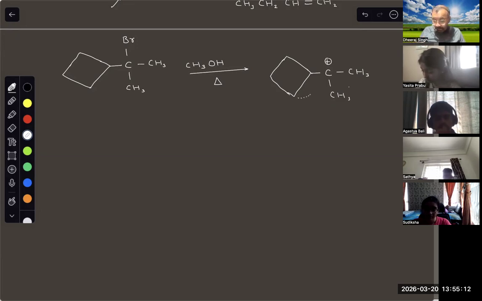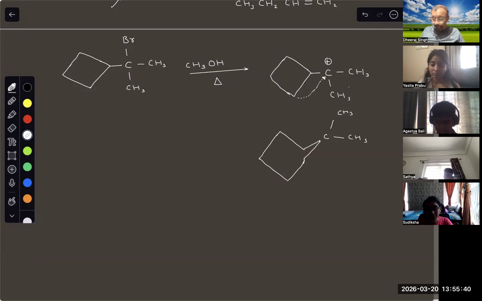If the ring expansion happens, if this alkyl shift goes to that carbon, you'll see that this is CH3, CH3, and this. It has become a 5-membered ring. Positive charge will go there because this bond has been broken. So this carbon will attain the positive charge. So it's a 5-member ring now.